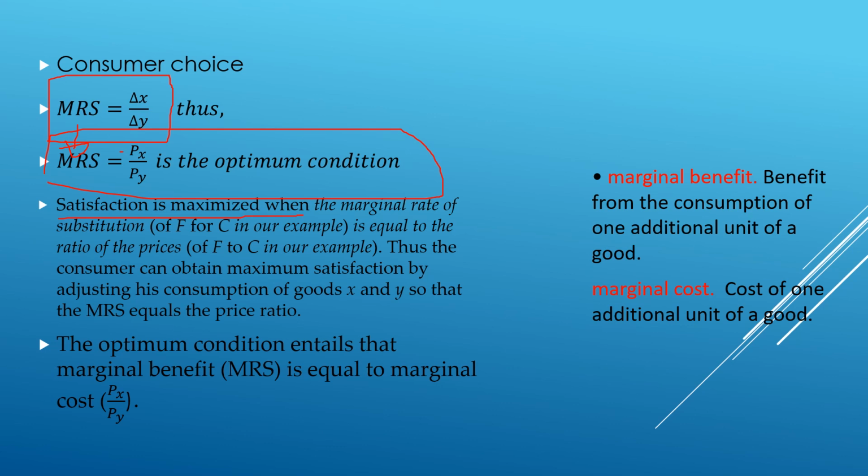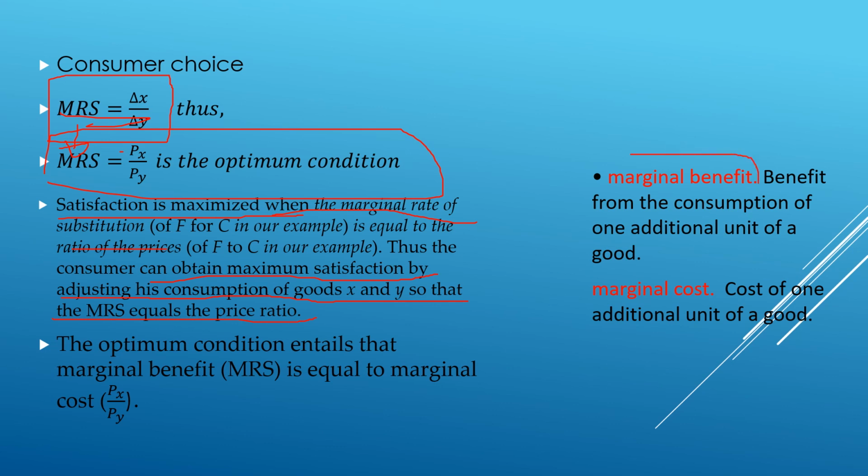The maximization of our satisfaction happens when the marginal rate of substitution is equal to the ratio of the prices. Thus, a consumer can obtain maximum satisfaction by adjusting his consumption of goods X and Y so that the MRS is equal to the price ratio. Okay, that is what this one is.